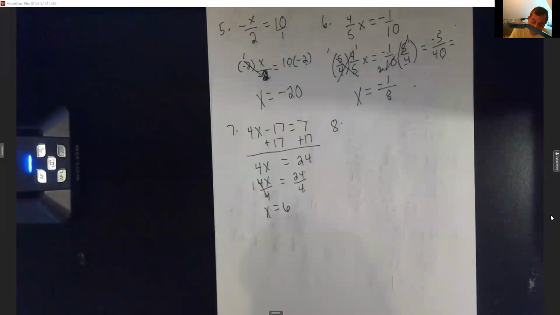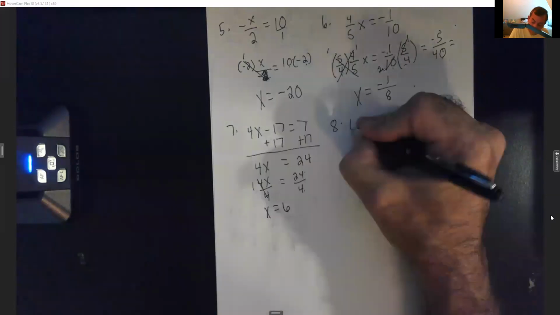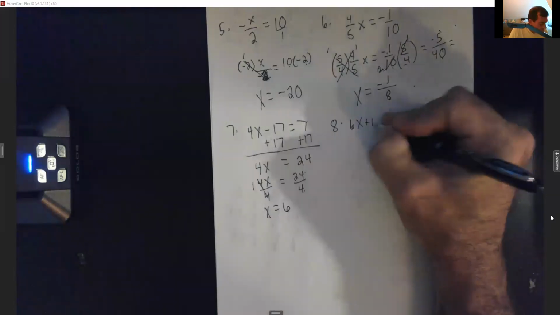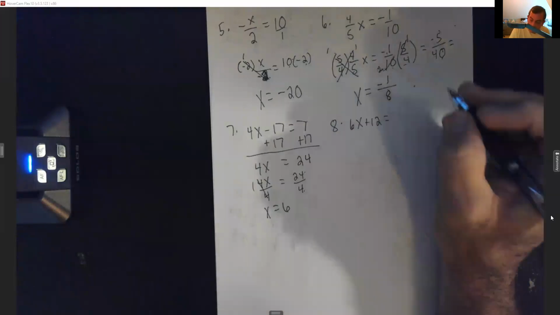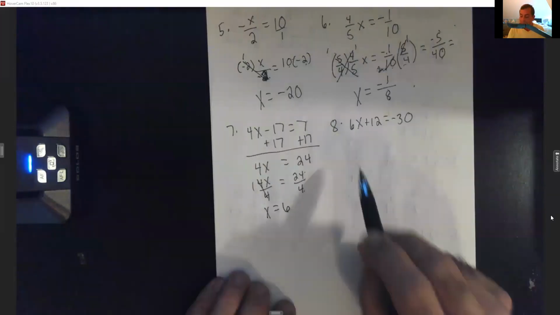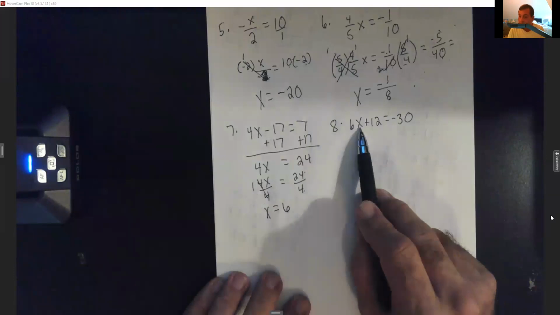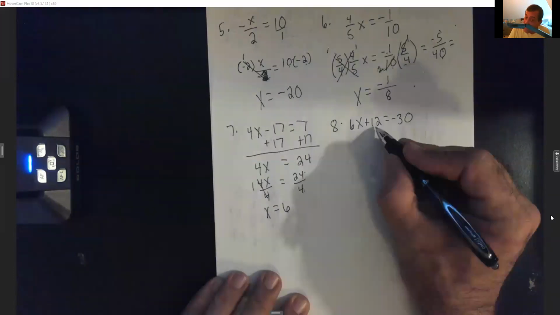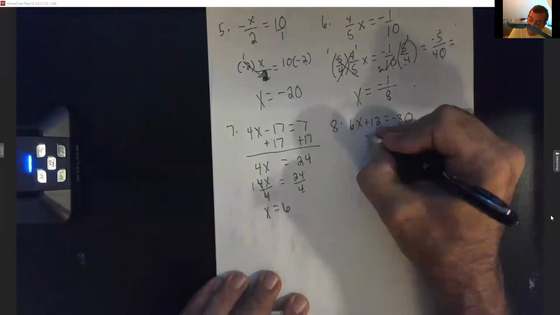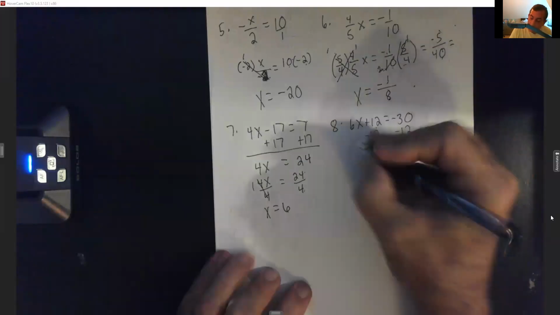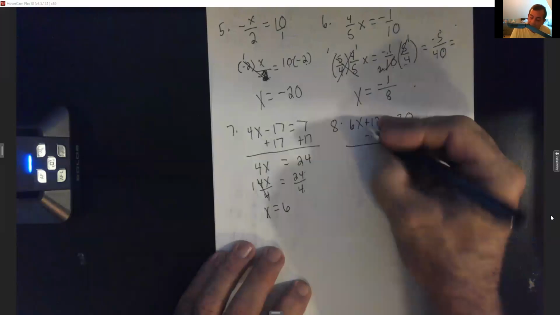All right, y'all, this one I got 6x plus 12 equals -30. So first I'm going to move the 12, and then I'm going to figure out what to do with those x's. So since that 12 is being added, to move it, I need to subtract 12 from both sides. Right? That brings down my 6x.